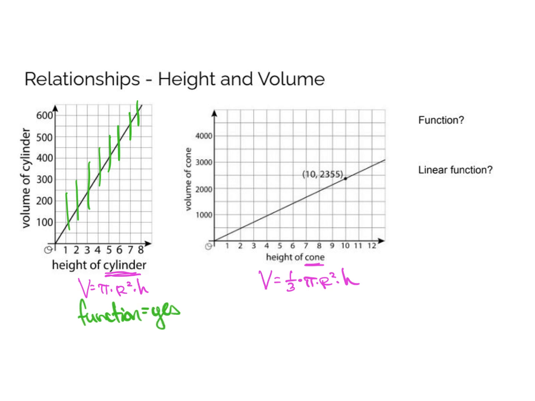Yes. And then is this line linear? Remember, linear is a straight line. Yes, it is also. Now let's look at the cone. Again, we're going to do the vertical line test. So is this a function?